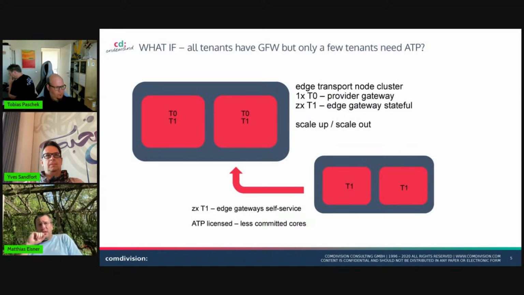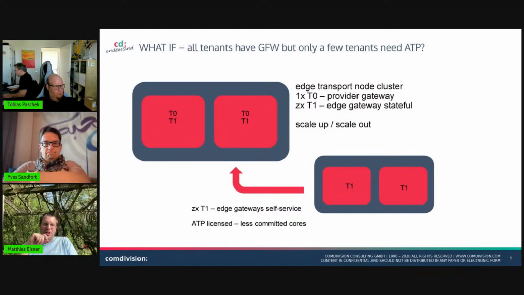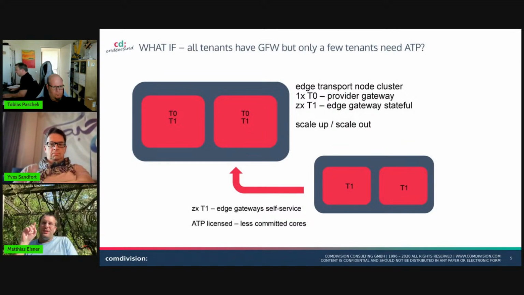And another interesting technical aspect: if you have multiple edge clusters in your infrastructure and you deploy edge transport nodes or edge gateways to a very specific edge transport node cluster, make sure to configure Cloud Director correctly to choose the right one by default. Or be very careful during the creation of an edge gateway and do not just click, yeah, use the same edge cluster as the T0 uses. Be very careful.